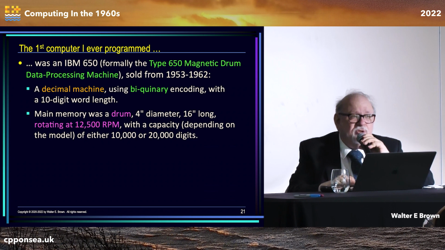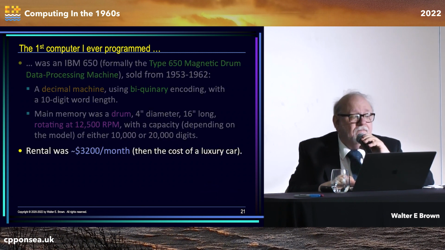Main memory was a drum, roughly 4-inch diameter, 16 inches long, rotated at 12,500 RPM, and the capacity was either 10 or 20,000 digits, depending on what you paid for. It rented for about $3,200 a month, which was the price of a luxury car back then.